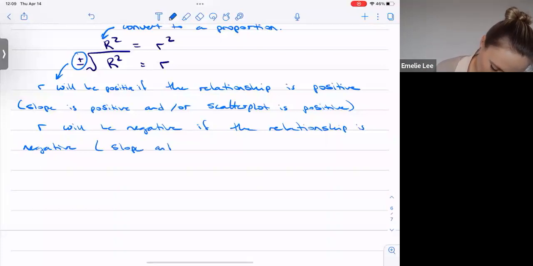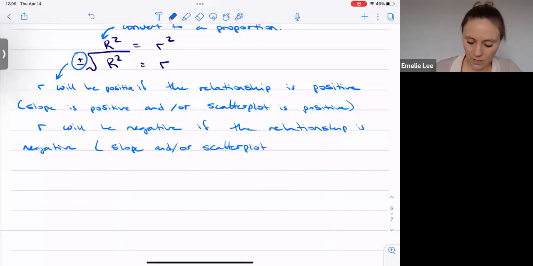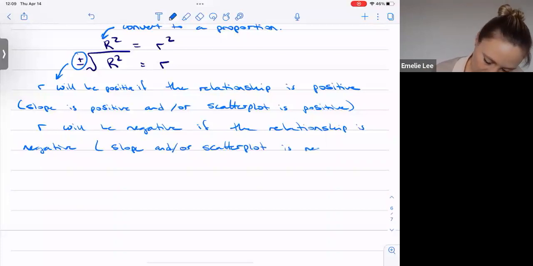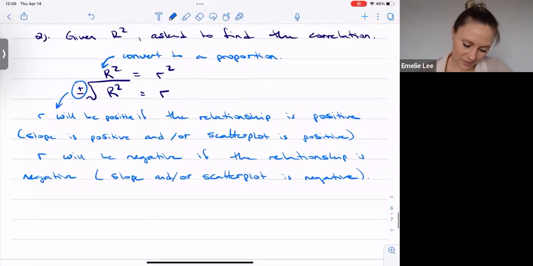Slope and or scatter plot, because sometimes you're not given the scatter plot, so that's why I'm saying and or. If the slope or scatter plot is negative, then you have to do that little bit of extra work to add the negative onto the correlation.